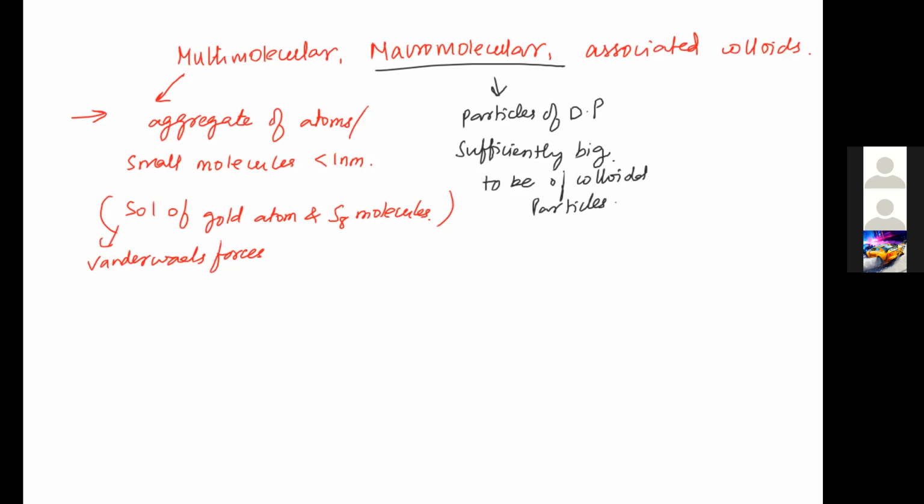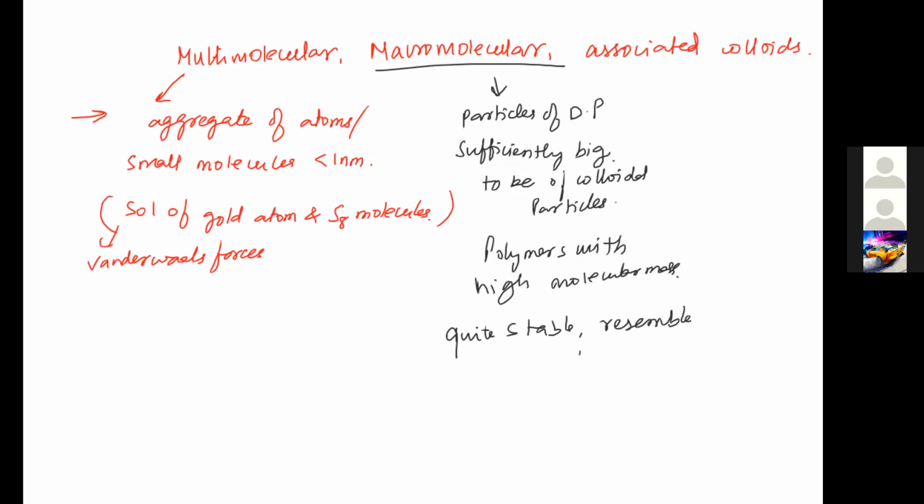These macromolecules form the dispersed phase, and mostly this happens in polymers with high molecular masses. These are quite stable. They resemble true solutions in many respects, like starch, cellulose, proteins, enzymes, gelatin, etc.